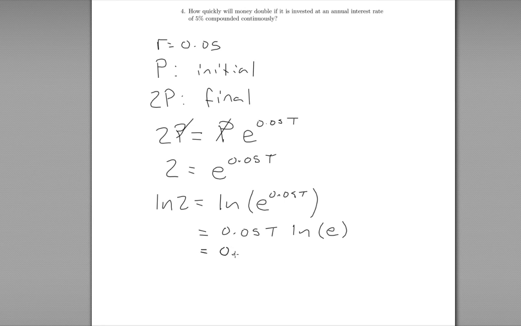So this becomes 0.05t. And so if we rearrange this and solve for t, we find that t is equal to ln 2 divided by 0.05 years. And that's a totally fine answer. We don't need to go to any decimal places for that if we don't want to.